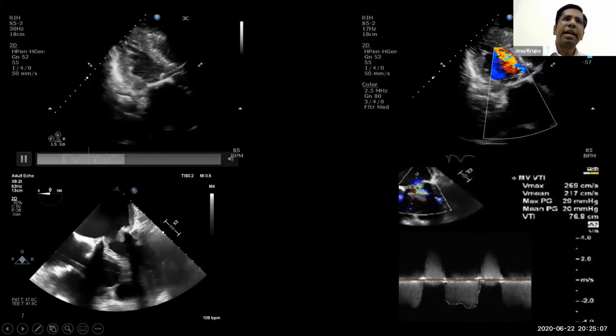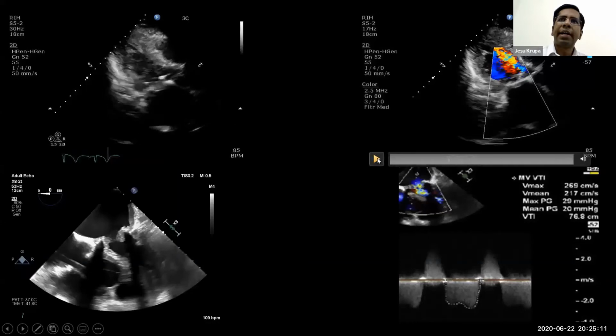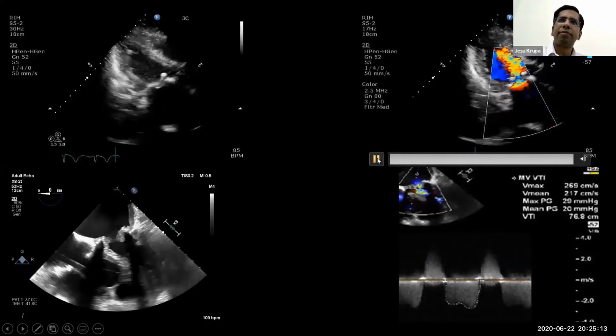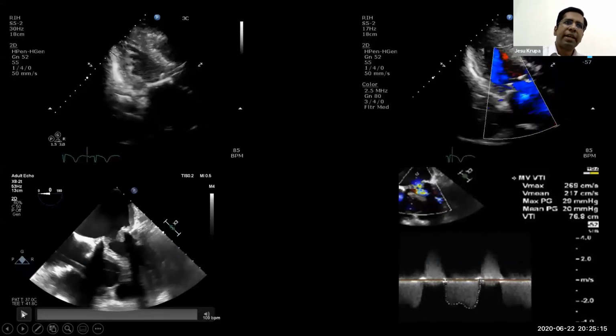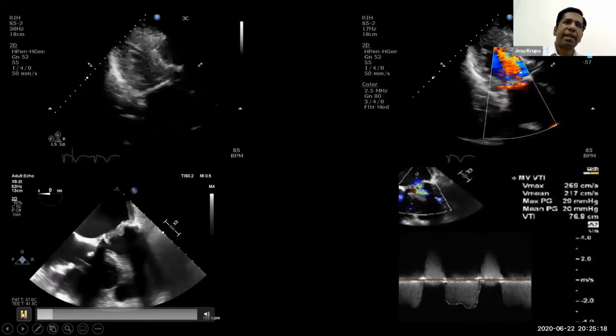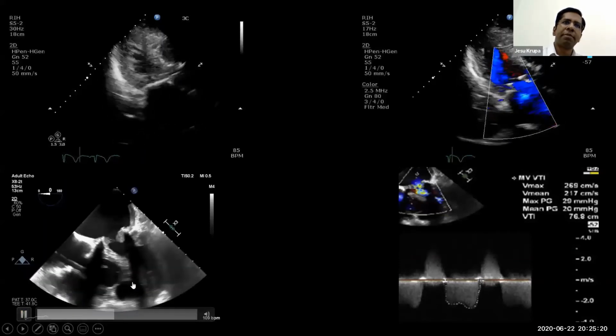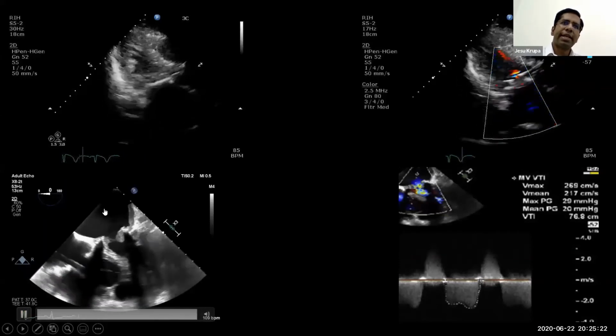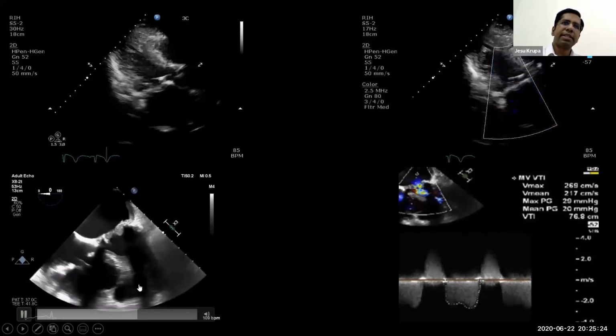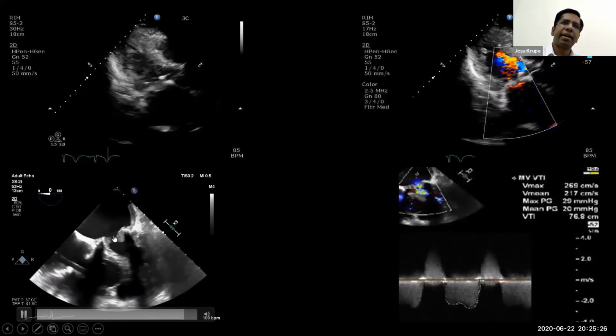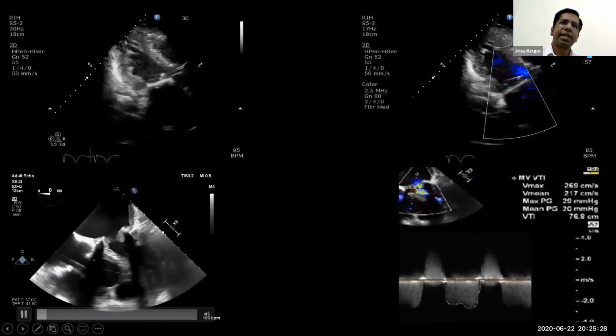As you can see, this is a 3-chamber view, and you can see a turbulent flow across the mitral valve. But the details are not very clear. So this is the 4-chamber view, 0 degrees. This is the LA on top. This is the mitral valve. This is the LV, the RA here, and the RV here, and that is the tricuspid valve.